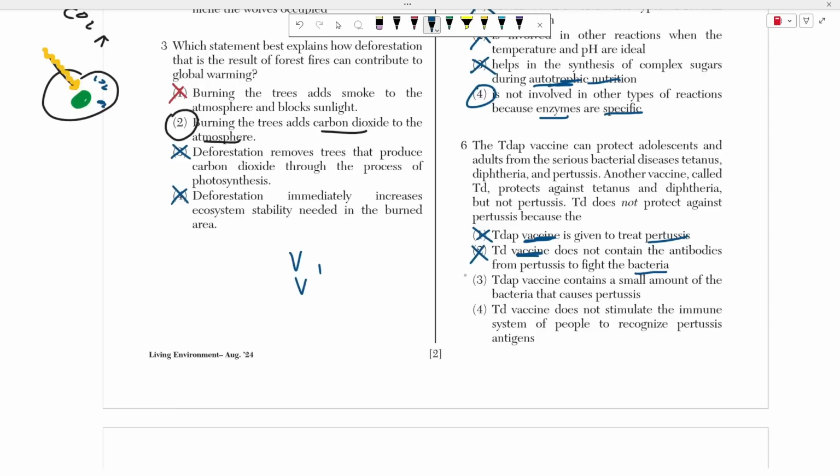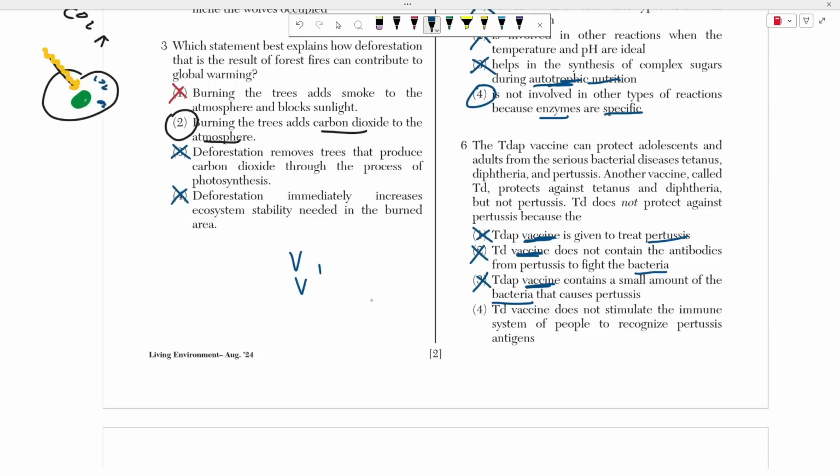3, Tdap vaccine contains a small amount of the bacteria that causes pertussis. Again, Tdap vaccines do not have anything to do with bacteria, right? Vaccines either contain a weakened portion of the virus or antigens of the virus.